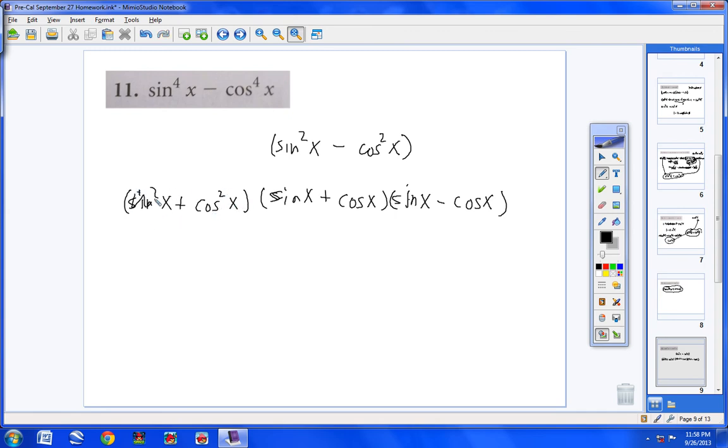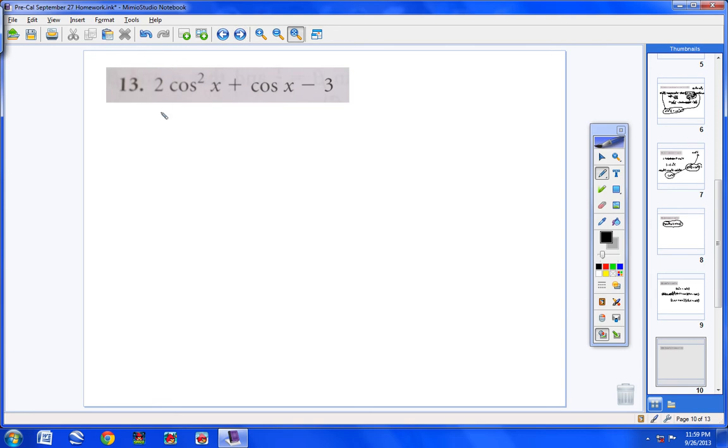So really for this whole parentheses right here, I can just put a 1, and then 1 times anything is just itself. So your answer then would be sine x plus cosine x times sine x minus cosine x. Very cool.